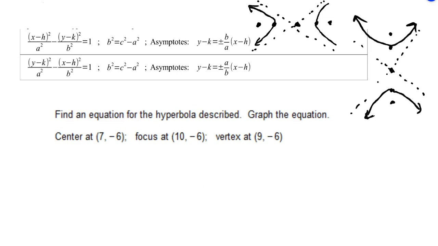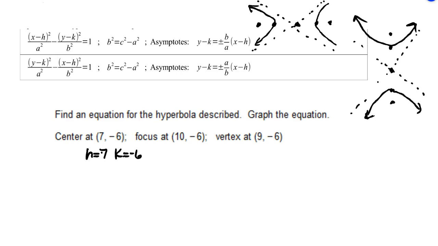So for this example, we're given that we have a center at (7, -6), so that tells me that h is 7 and k is -6. We have a focus at (10, -6) and a vertex at (9, -6). I'm going to start to put these points on a picture to help me understand whether this hyperbola has a vertical orientation or a horizontal orientation.